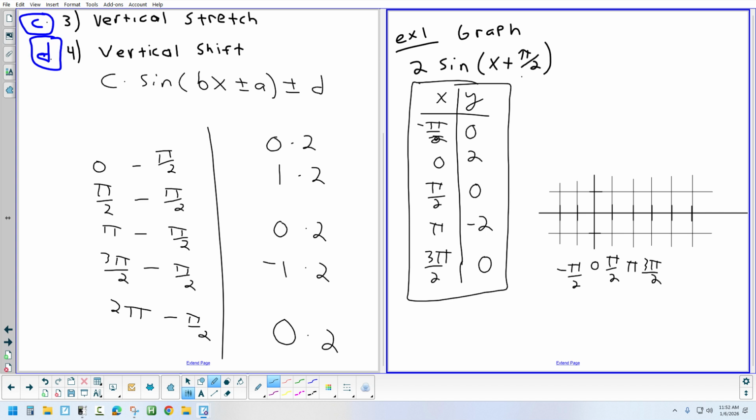Now, y's, I got to go up to 2 and negative 2, so I'm going to scale it, if I don't have enough space. And now graph the points. So negative pi over 2, 0. 0, 2. Remember, that's 2 because I scaled it. 0. And those are your points.